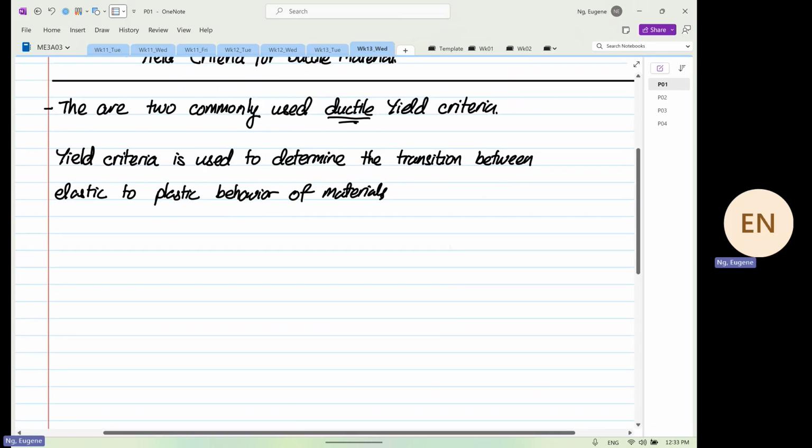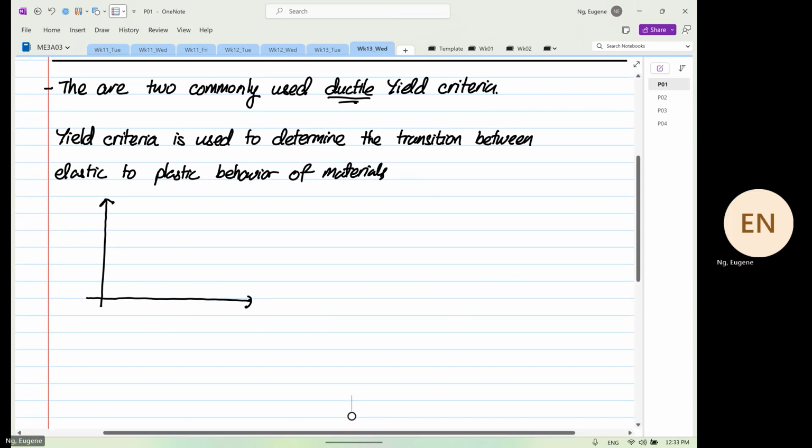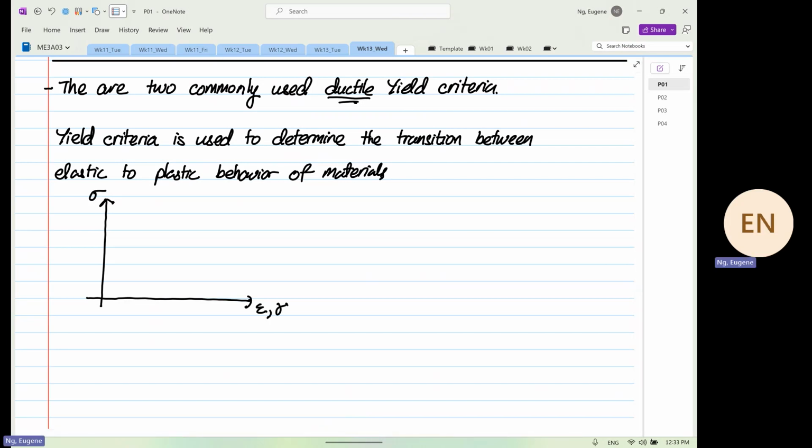Okay, so if we were to look into a stress strain curve, mechanical engineers, we are very unique. I'll tell you why. We have our strain over here, we have our stress over here, or we can have our shear strain and shear stress. We understand that the material has this sort of behavior.